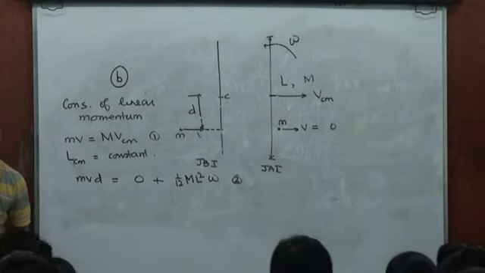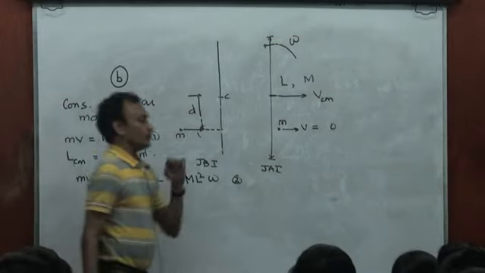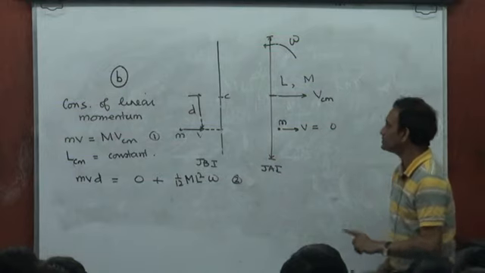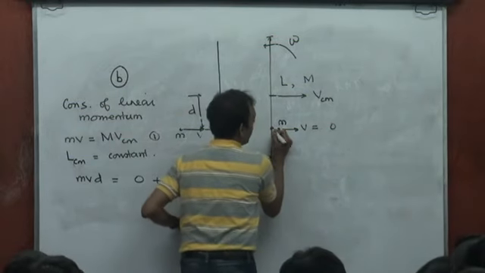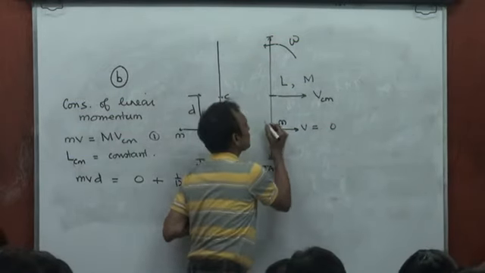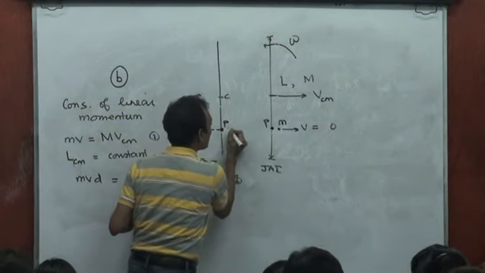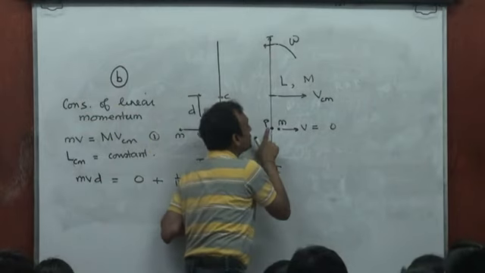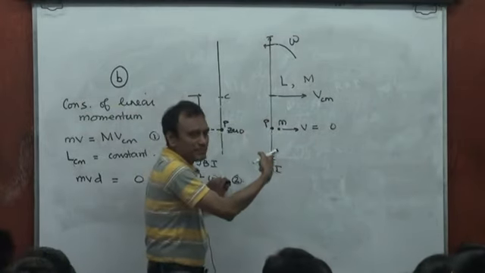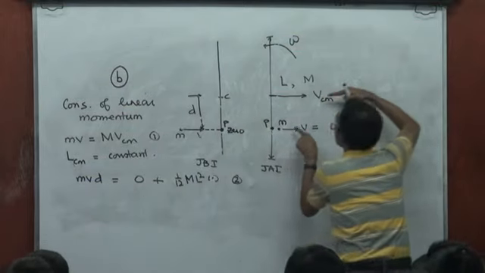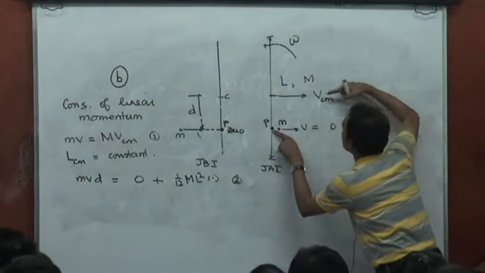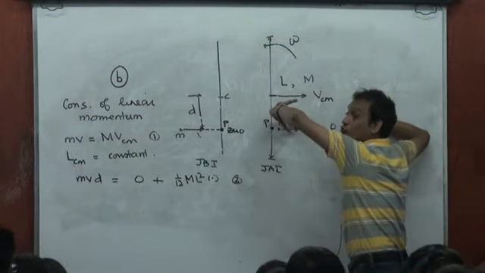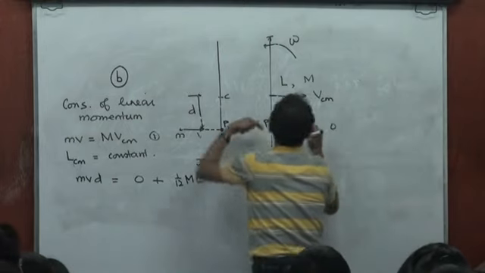Now, look, this point P on the rod, which is where the impact takes place, had zero velocity initially before the impact. And right after impact, if I superimpose pure translation with pure rotation, this point P will have VCM plus omega d to the right.